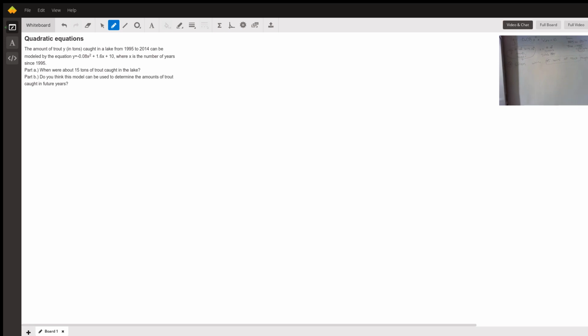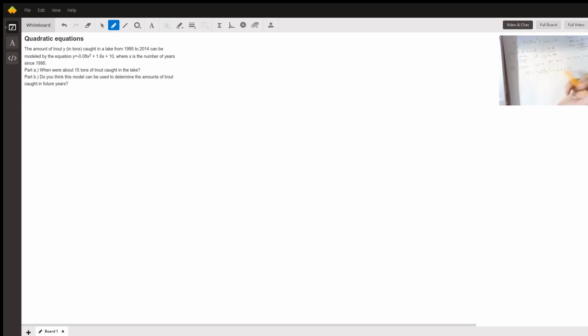And so what I'm going to end up getting is an equation where we replace y with 15. And so we say, okay, 15 tons of trout are caught, so y is 15, and we get negative 0.08x squared plus 1.6x plus 10 equals 15.